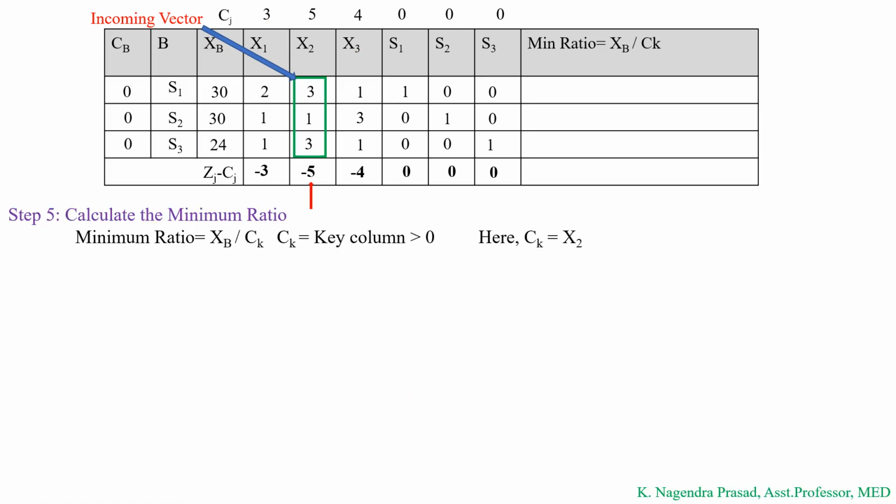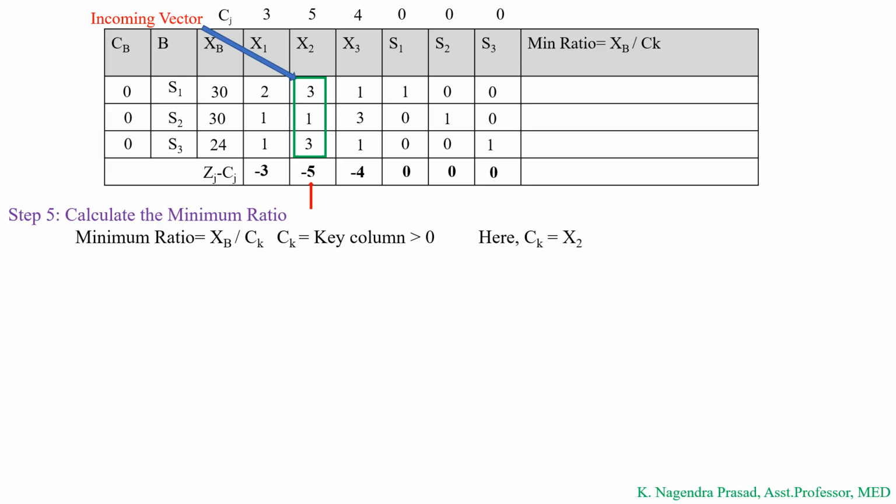Next step is to calculate the minimum ratio of xb divided by ck. Here ck is the key element for the respective values of xb, and the ck value should be greater than 0 only. Here the key column is the x2 column.